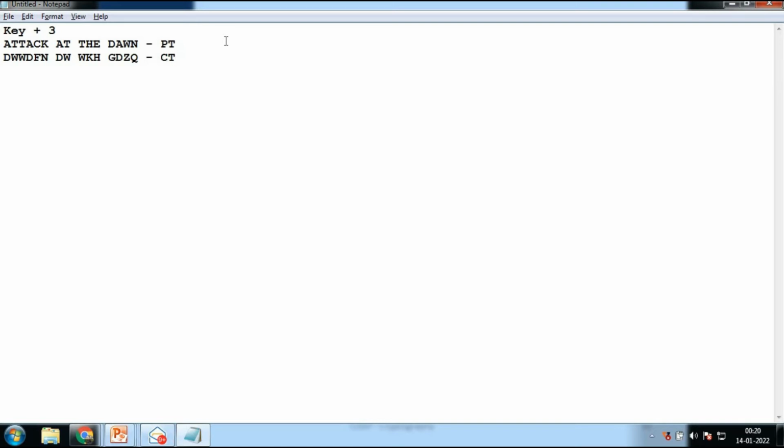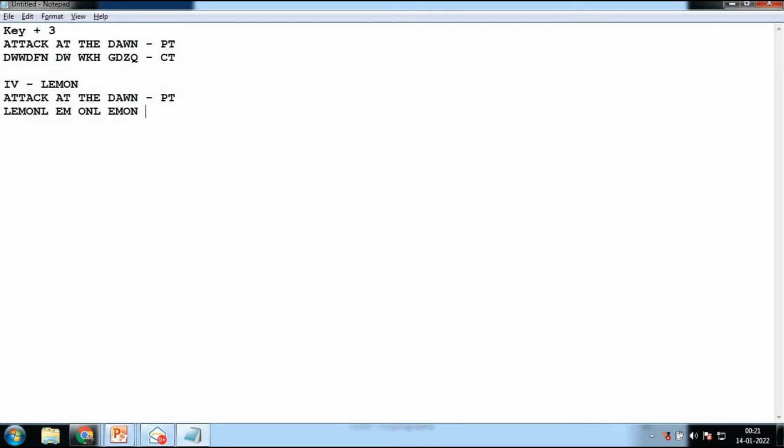Just to touch upon the initialization vector, IV: if the IV is LEMON, we need to extend the initialization vector to the length of the plain text. So the plain text is this one, and the initialization vector is LEMON, LEMON.